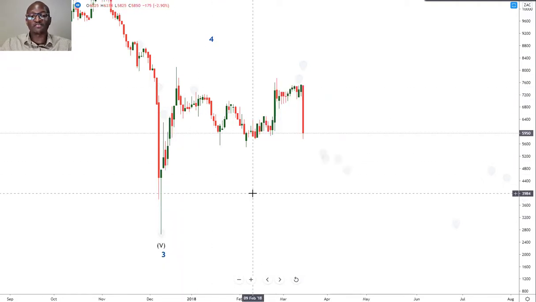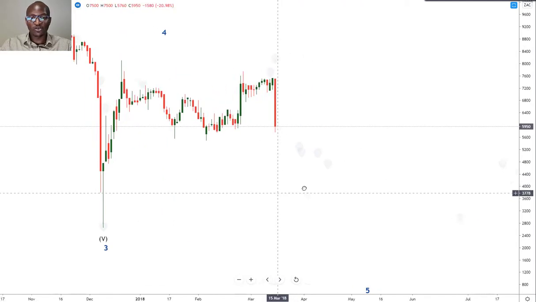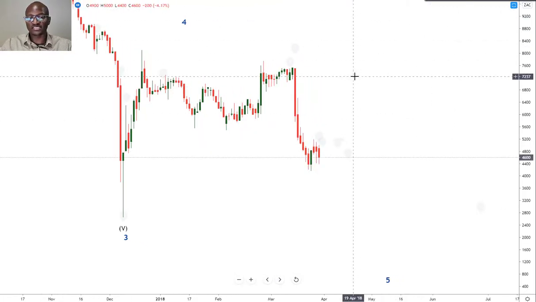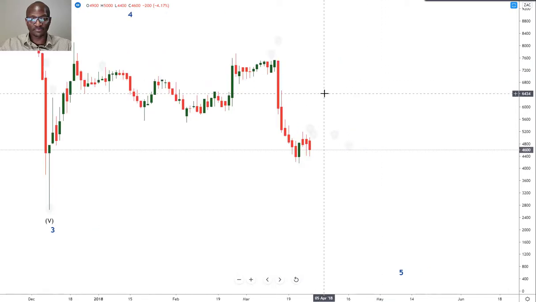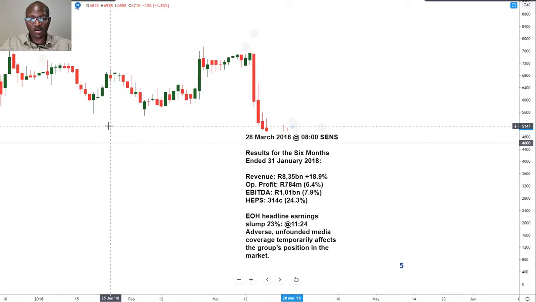So even on the fundamental side now, things are starting to look a bit iffy for EOH, and we see price volatility returning, and the price just tumbles from there. On this day, 28th of March, these were the actual results for the 6 months ending 31 January 2018.